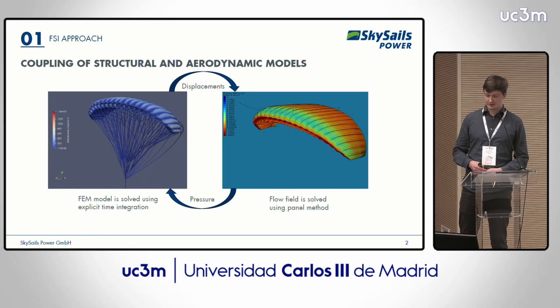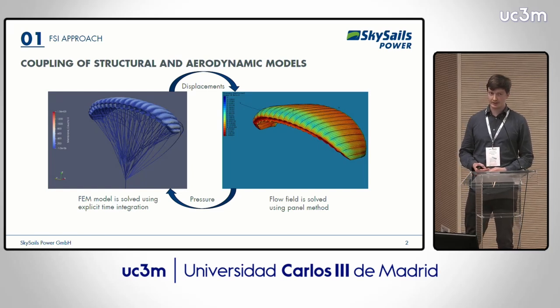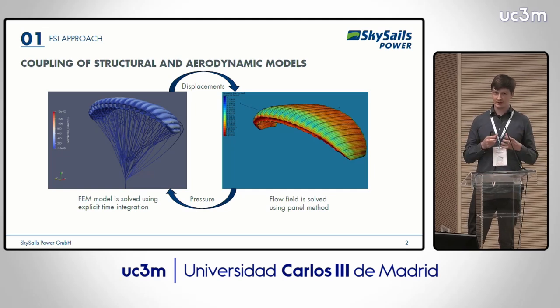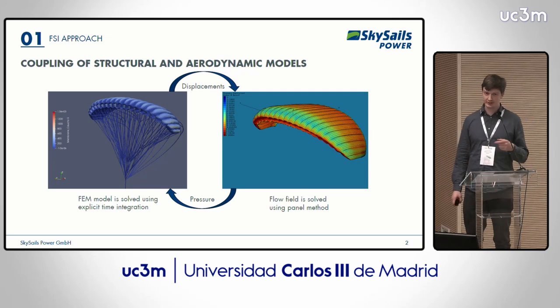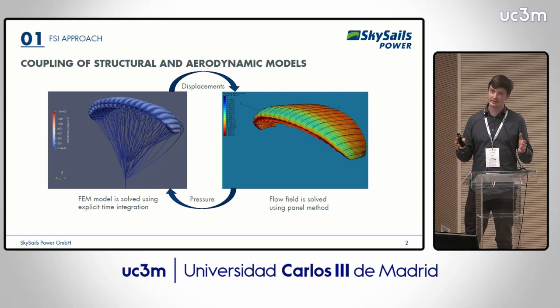The FEM model is based on a pseudo time stepping method, so it actually calculates the steady state, or let's say the force equilibrium, of our kite. And when the steady state is reached for that iteration, then the displacement field is passed back to our panel method. And this whole thing is then repeated until we get a converged solution.